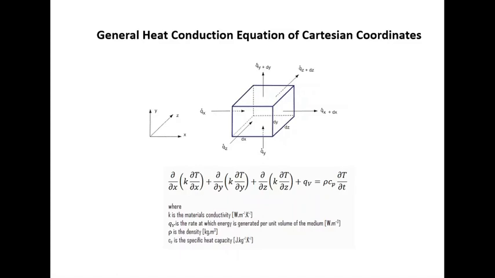X, Y, Z make it a three-dimensional Cartesian system, with X, Y, and Z directions. In this, k is the thermal conductivity of the material, given in watts per meter Kelvin, q is the rate of energy generated per unit volume, in watts per meter cube, rho is the density, and c is the specific heat capacity of the element.